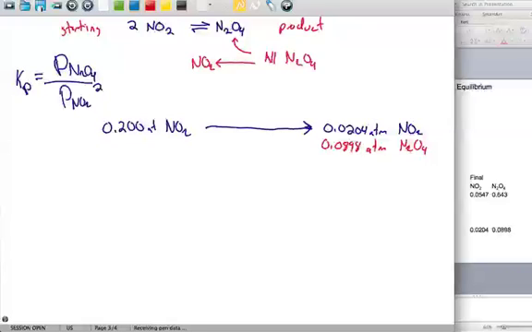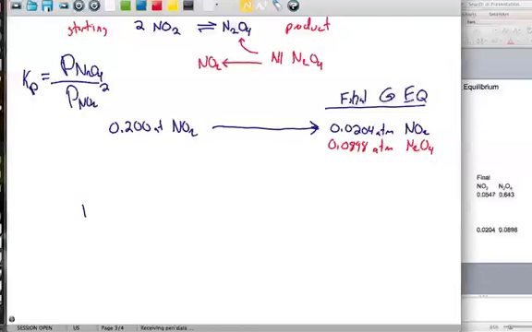So again, these are the final conditions. This is the equilibrium, and that's what we care about. We care about the equilibrium concentrations, equilibrium partial pressures.